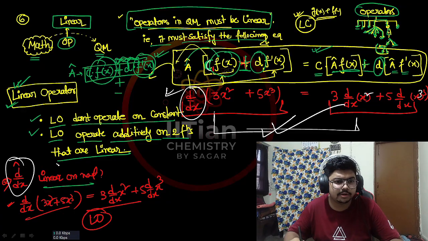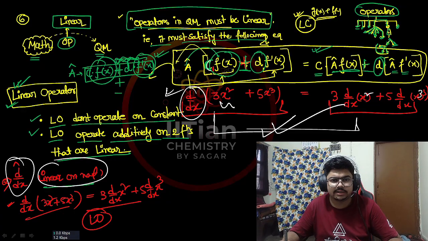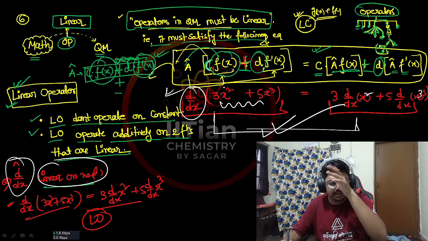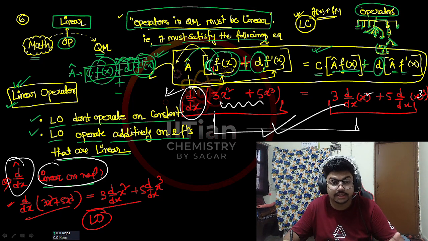So to check whether an operator is linear or not, you just take such a function and operate on it, and if you get the result, then you say it is a linear operator.